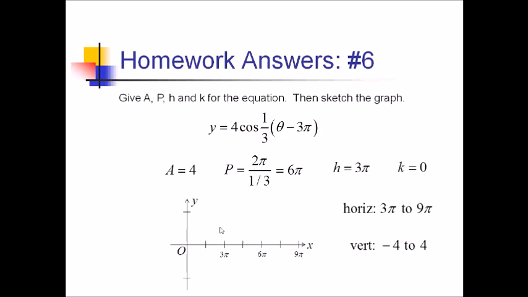Next, vertically, we're going from negative to positive 4, so I'll just stick a 4 up there. Cosine starts at the top of the wave, and the very first x value is at 3 pi, so we're over here at the top of the wave. There's our first dot. Let's go down the amplitude again, and then up and up, that floating cosine curve, and we're done.